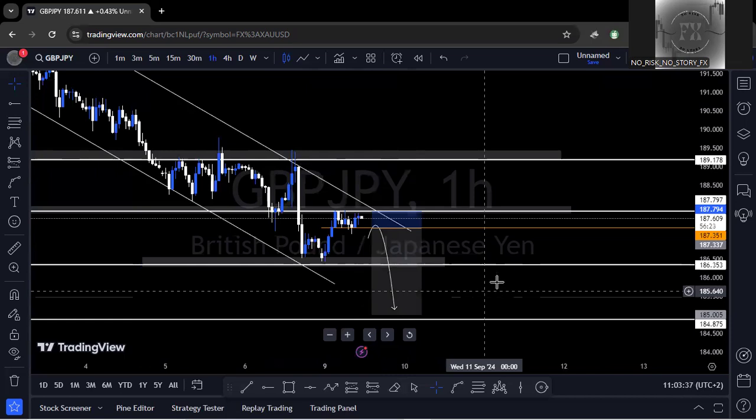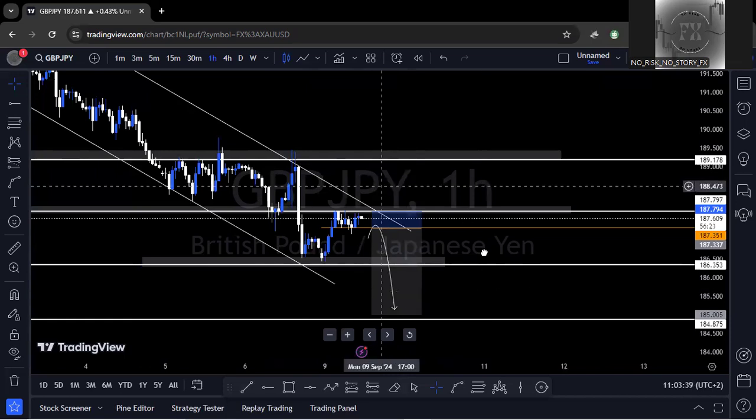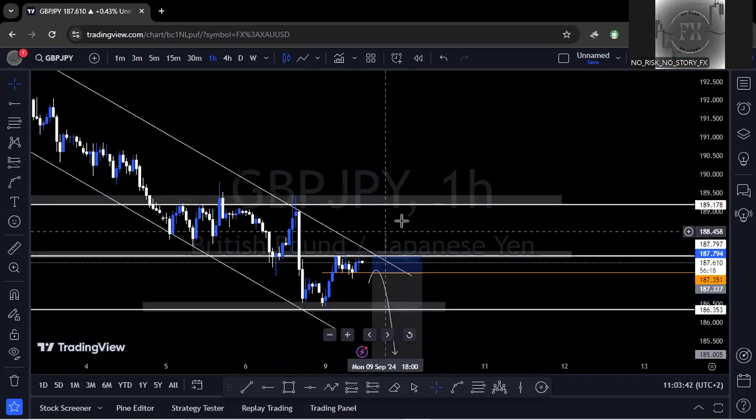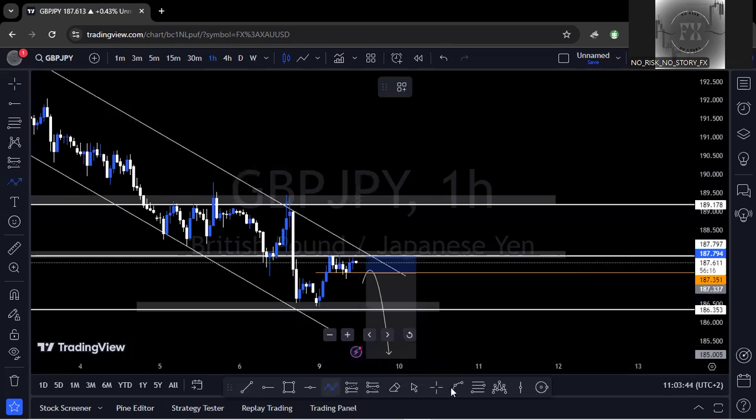Or what the market can also do here is break around these areas.